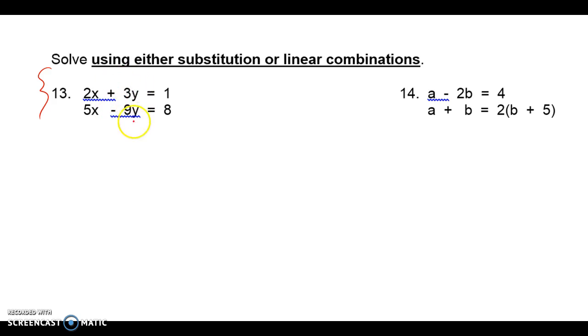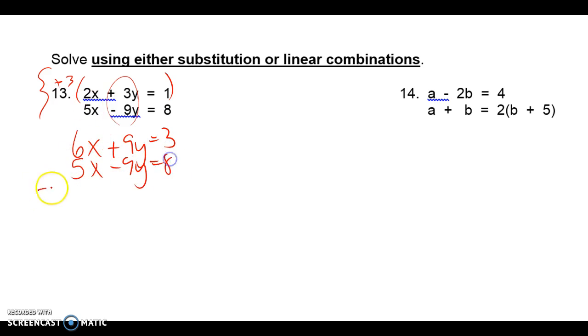So I'm looking at my y's here, and I notice that if I multiply this top equation by, oops, I want to do a +3, because I already have a -9 here. So I'll use +3. I get 6x plus 9y equals 3. Rewrite this second equation, and I'm adding them together. Those zero out. 11x equals 11.